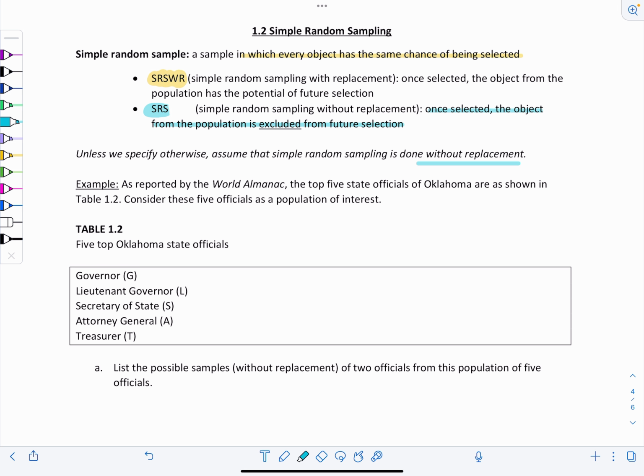And typically you have a population that's much larger than 5, okay? But just for the sake of example, to look at how a simple random sample is collected, this is our entire population. These 5 state officials: the governor, lieutenant governor, secretary of state, attorney general, and treasurer.